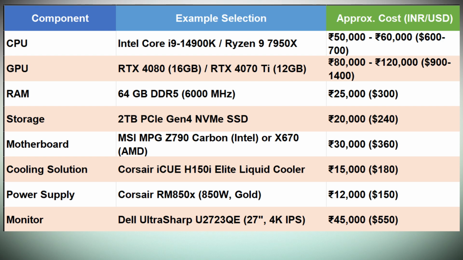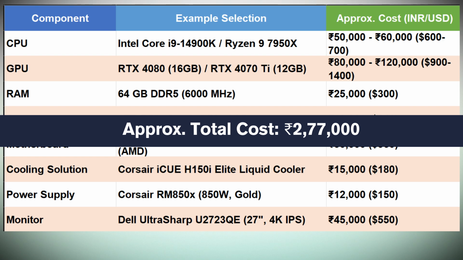If you don't have such a budget, you can go for the Samsung 32-inch curved monitor of 1920 by 1080, which is also reasonably good. And now, the approximate cost of this entire setup will work out to around 2,77,000 to 3 lakh rupees.